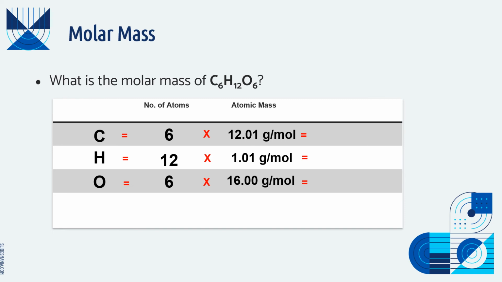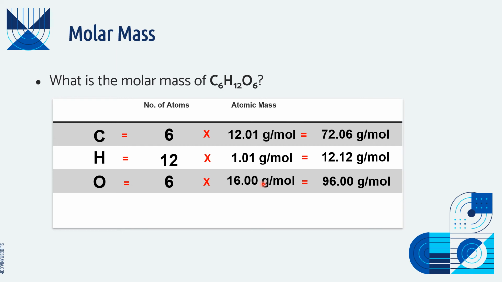So therefore, 6 times 12.01, the answer is 72.06 gram per mole. 12 times 1.01, the answer is 12.12 gram per mole. 6 times 16.00, the answer is 96.00 gram per mole.